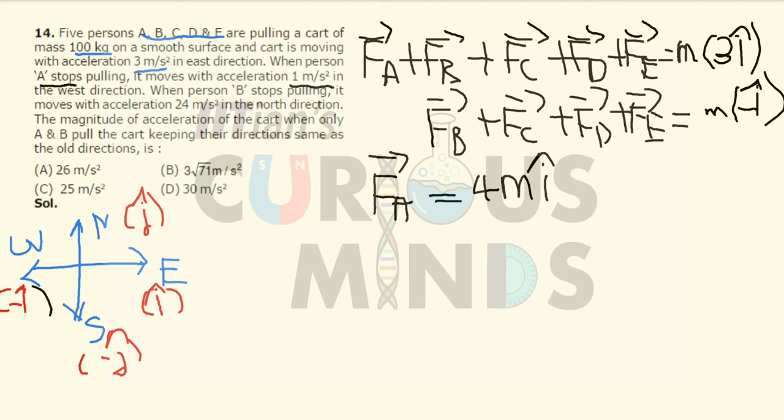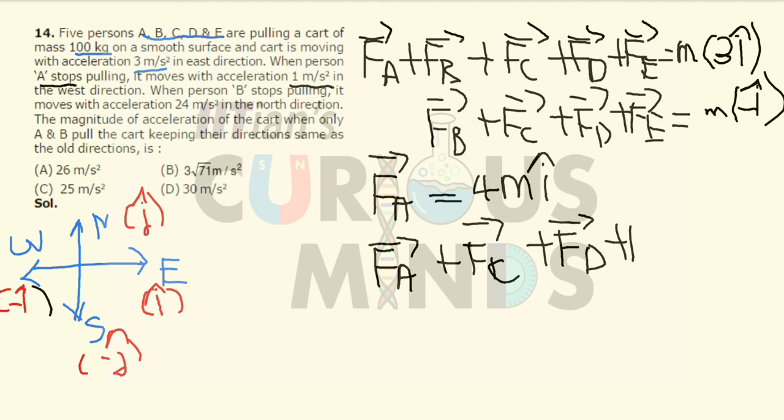It is given that when the person B stops pulling, similar to that part, it will be equal to FC plus FD vector plus FE vector will be equal to the cart moves with the acceleration of 24 meter per second square in the northern direction.